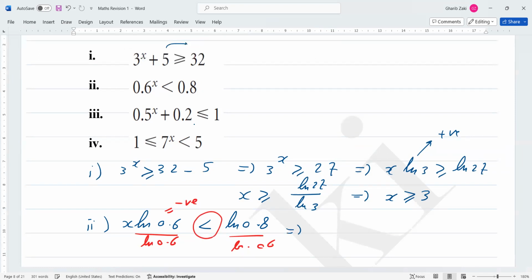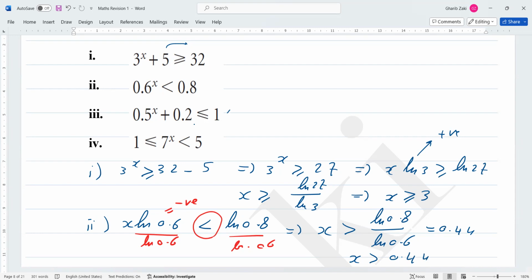Then it becomes x greater than ln 0.8 over ln 0.6. The fraction ln 0.8 over ln 0.6, the answer is approximately 0.44. Then we write x greater than 0.44.